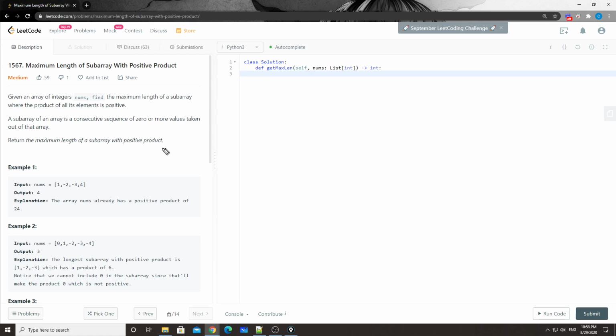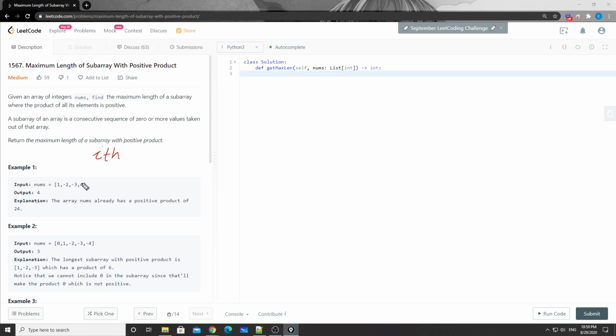For the DP, for the current one, we could have either a negative or positive number. Which means that, at the ith position, we not only need to calculate the positive length, we also need to maintain the negative length.